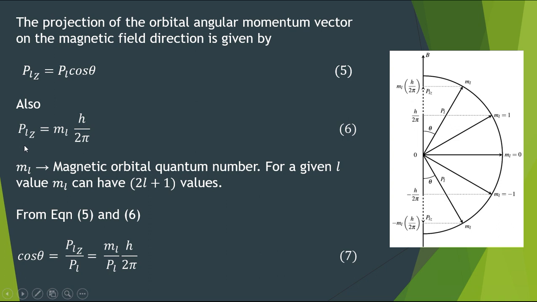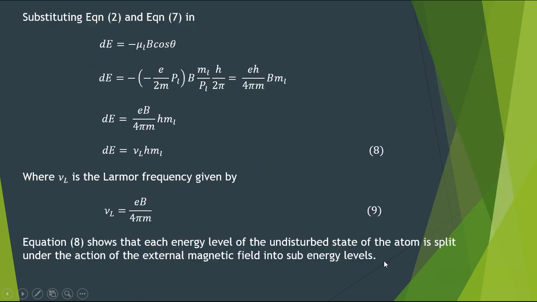Therefore, I can write PLZ is equal to ML into h by 2 pi, where ML is equal to magnetic orbital quantum number. For a given value of L, ML can take 2L plus 1 values. Combining these two equations, cos theta can be written as ML by PL into h by 2 pi. Let this be equation number 7.